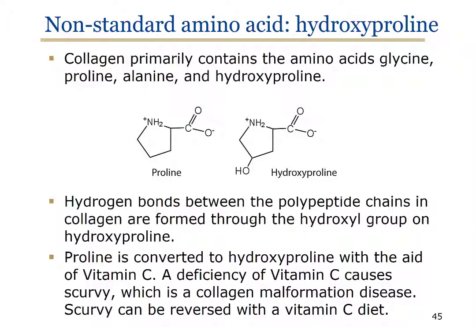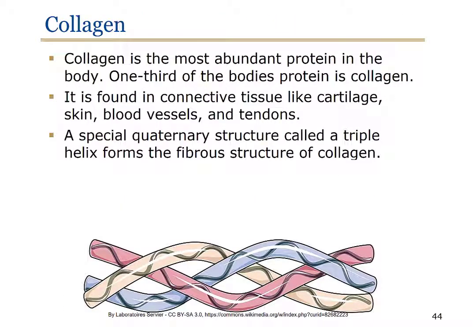One of the 20 standard amino acids, proline, is converted to hydroxyproline, making it more soluble. Collagen is water soluble. It swells up and makes these cushion type structures in between bones in joints and so on. And the fact that the proline is changed to hydroxyproline helps with that.